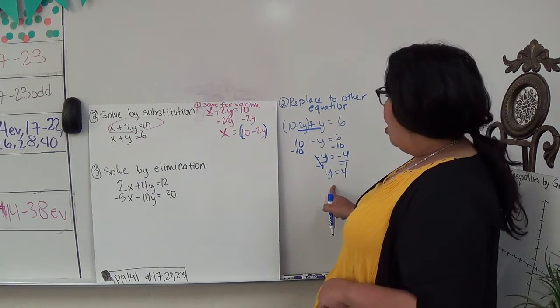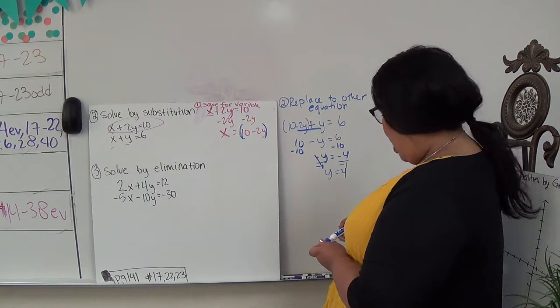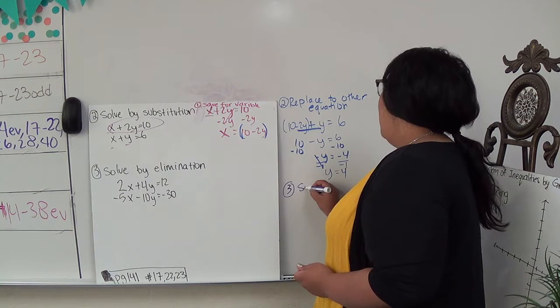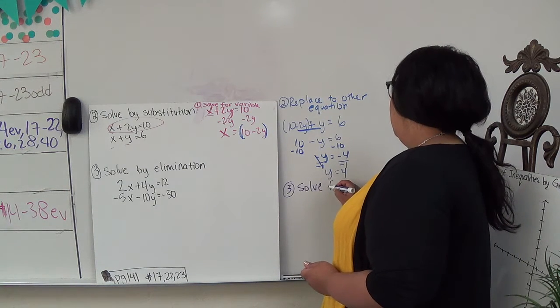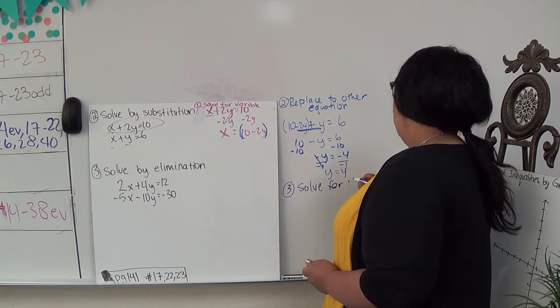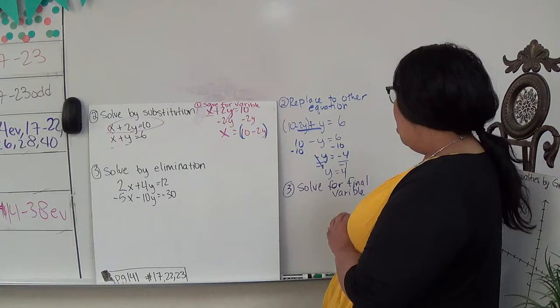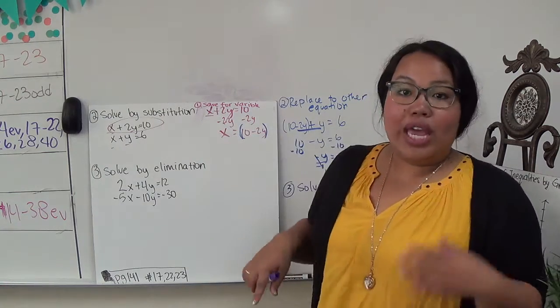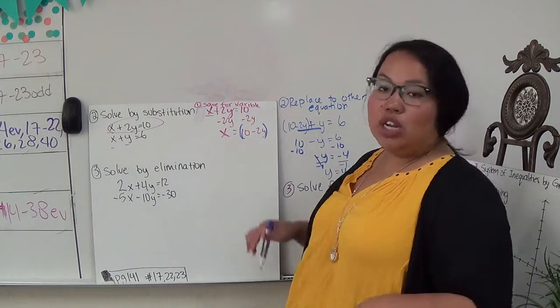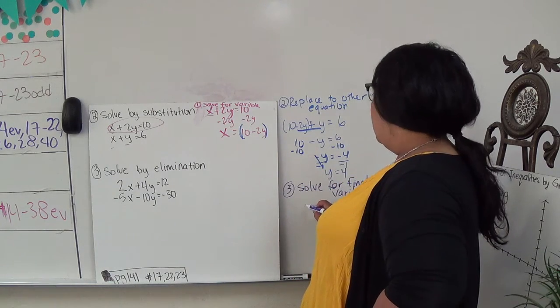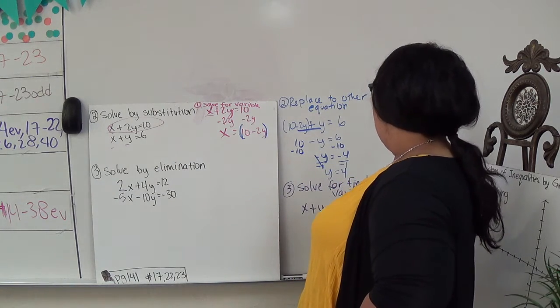Now that I have y equals 4, my last step is to solve for the final variable. And I can do that. I can plug this 4 into either one of these, so I can choose whichever equation I want to use. The second one seems a little easier, so I'm going to put it in for the second one. So x plus y equals 6.